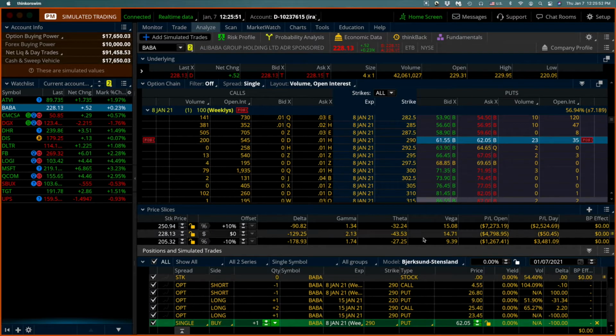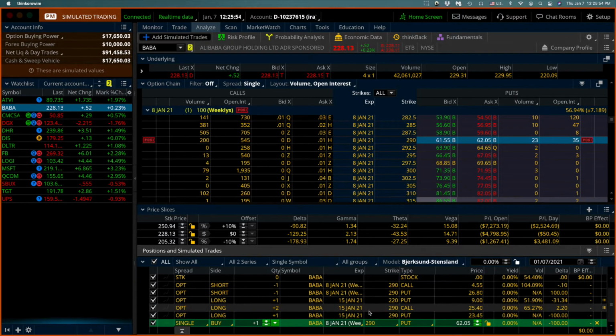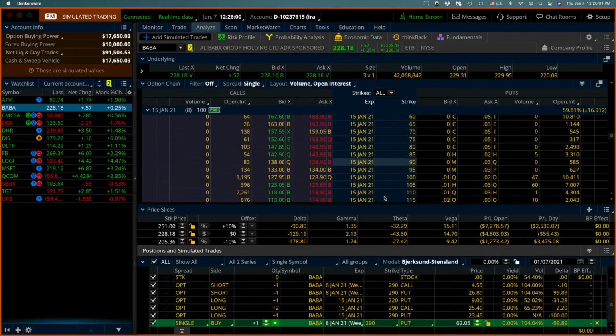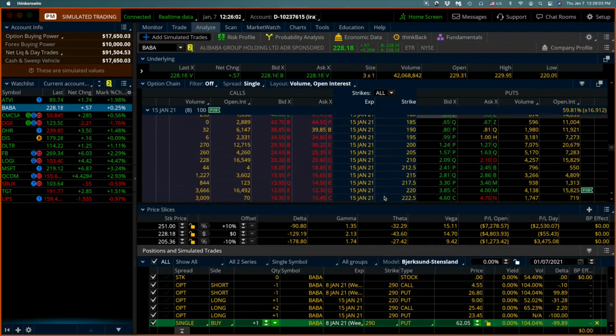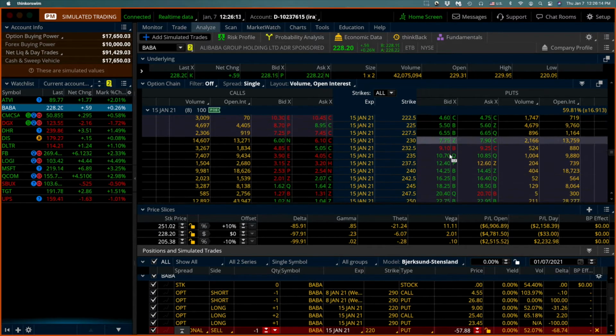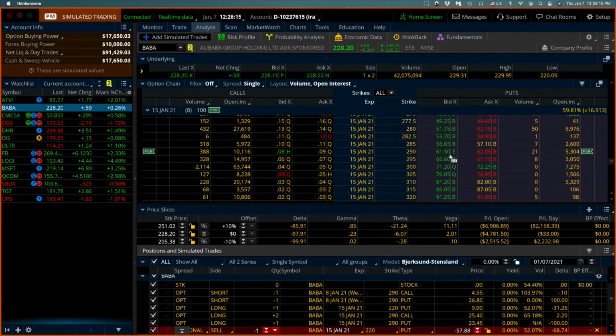But we are also applying the same to the put here. Let's scroll down all the way to the January 5th, and we're going to sell the 220 put. Press the control key and just click on that, sell that, and we have a put at 290.